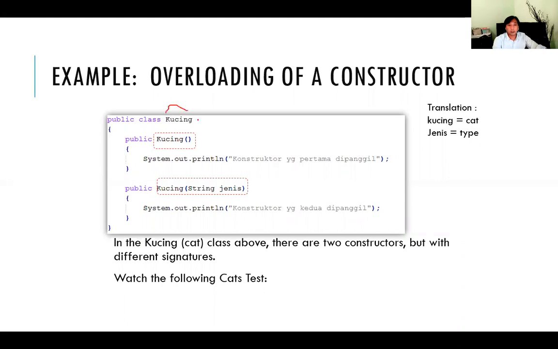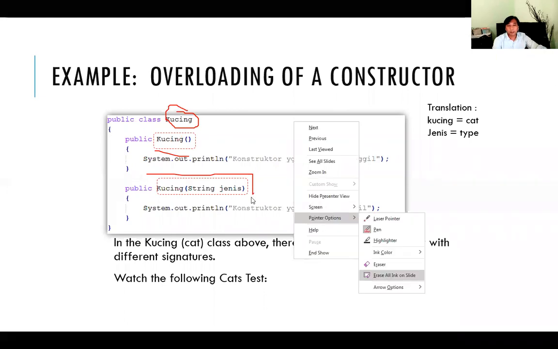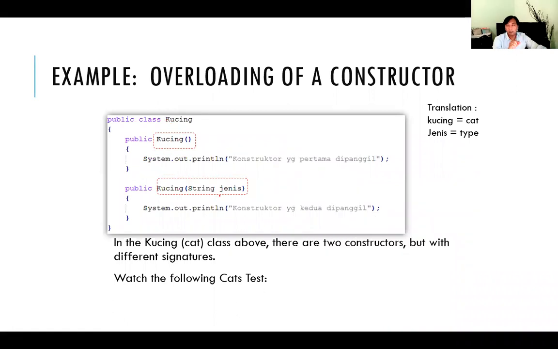Let's say we have a cat class, and inside that class we have two different constructors. The differentiation would be the number of the parameters itself. This kind of condition also can be applied to the constructor, like I already said before.